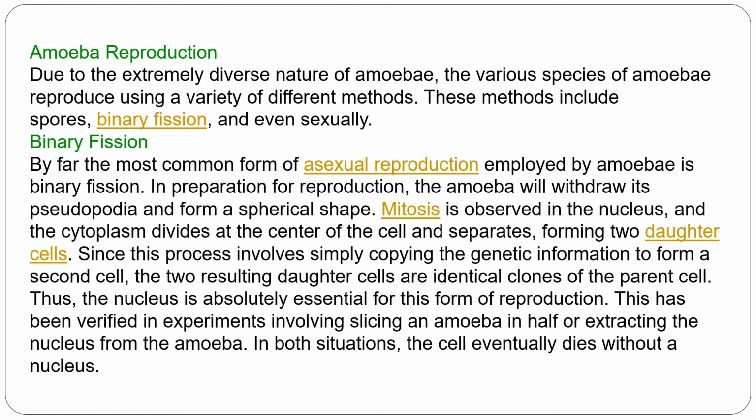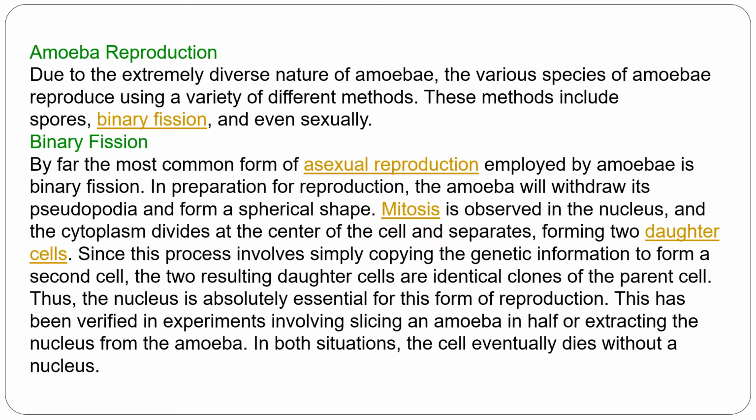Let's come to know about amoeba reproduction. Due to the extremely diverse nature of amoebae, the various species reproduce using a variety of different methods. These methods include spores, binary fission, and even sexual reproduction.